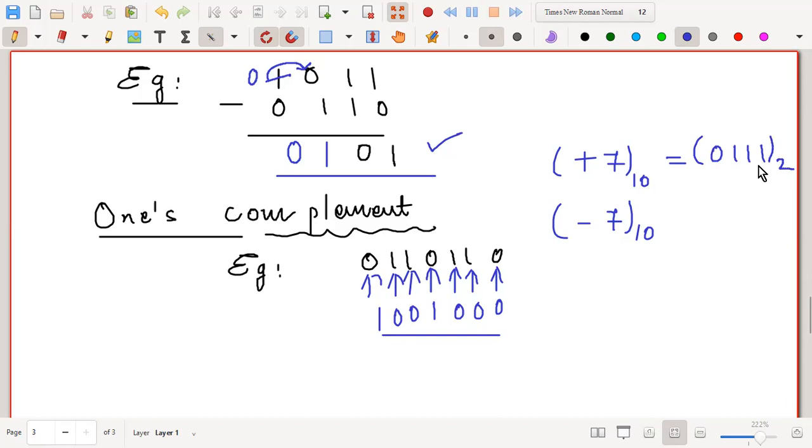Now, if you find the complement of this one, okay, 1 का complement क्या होगा? 0. 1 का complement 0. 1 का complement 0, and then you will have your number 1. So this 1, 0, 0, 0, this is nothing but your -7. Okay, so in this way you can write all the other numbers like +8 -8, +15 -15, if you're writing the sign magnitude representation as well.